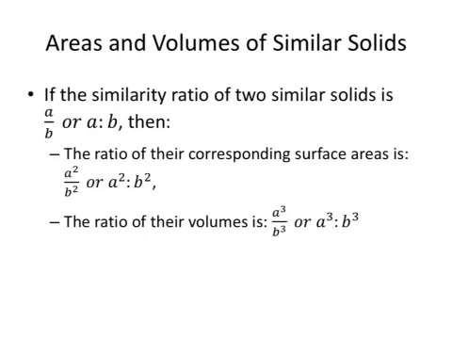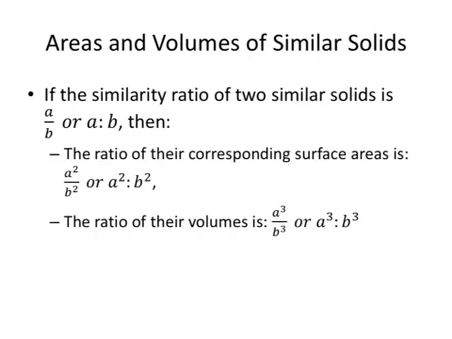So let's talk about areas and volumes of similar solids. If we are given two similar solids and they have a similarity ratio of A over B, or we might even put it side by side, A to B, then the ratio of their corresponding surface areas is going to be the same as the ratio of corresponding areas for two-dimensional figures.